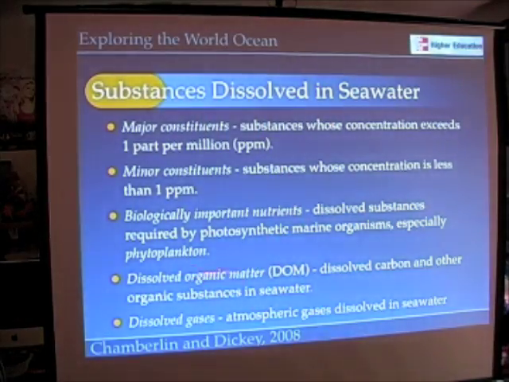The other group of compounds that we're not going to talk too much about, but I just want to mention because they're getting a lot of attention in oceanographic research in the 21st century, are what we call dissolved organic matter, or DOM. And it's a fun word to say, so you might want to just practice saying it to somebody. DOM, DOM, DOM, dissolved organic matter. This is the kind of stuff that you really are making when you make a cup of tea.